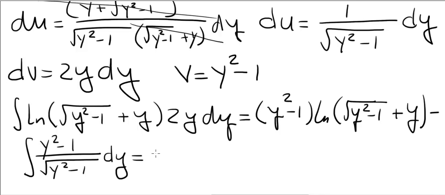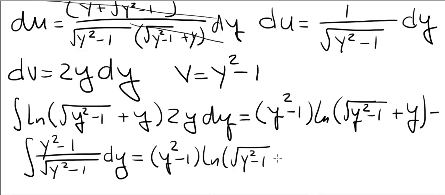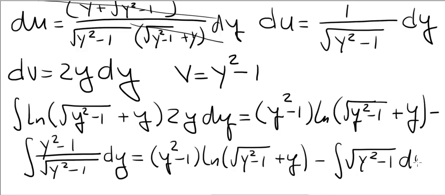So this is equal to y squared minus 1 times natural log of square root of y squared minus 1 plus y, minus the integral of square root of y squared minus 1 dy. So all we have to do now is to evaluate this integral, and we are done.